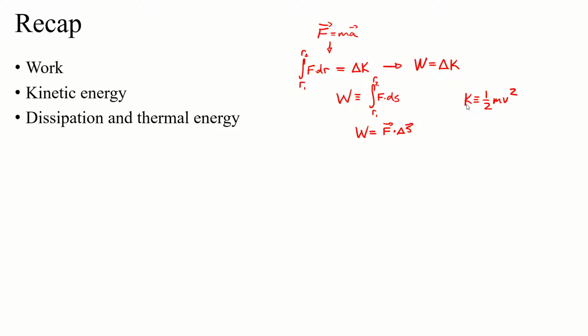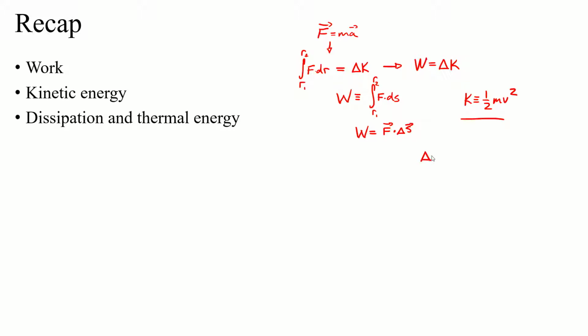Then we built on this and said, well, what about friction and things like that, and discussed how when you have a dissipative force like friction or drag, it actually converts this kinetic energy, this macroscopic kinetic energy of the object, into microscopic energy in the system. We call that energy thermal energy.